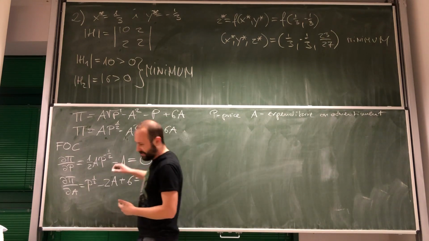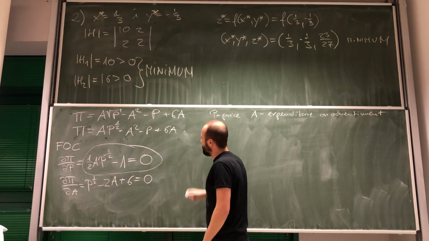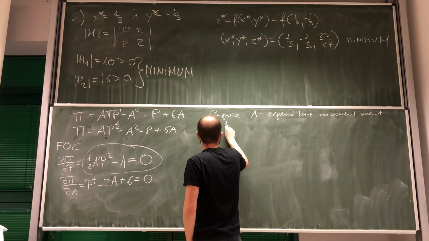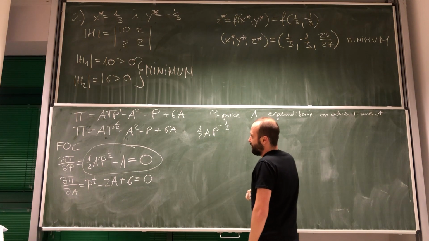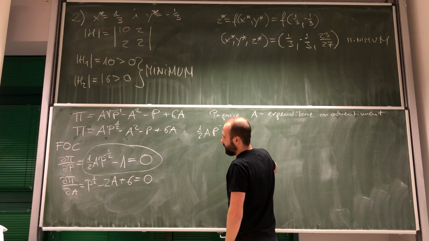Look, I'm going to first deal with this part. Out of this I'm getting that 1 over 2, A, P to the power negative 1 over 2, is equal to 1, right?